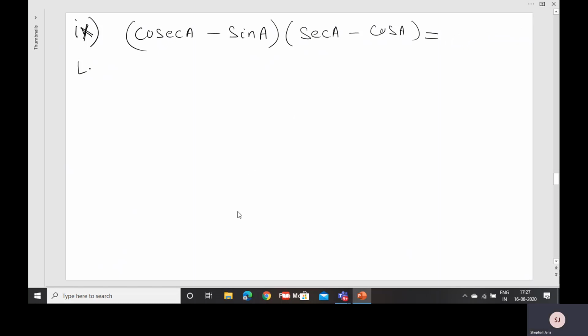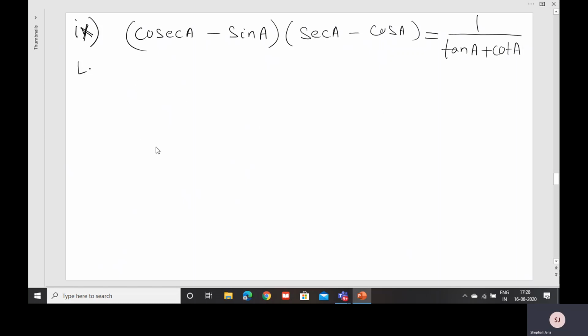So children, this question will come: cosec A minus sin A into sec A minus cos A, we have to prove it is 1 divided by tan A plus cot A.